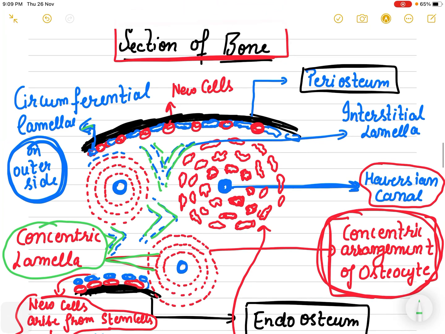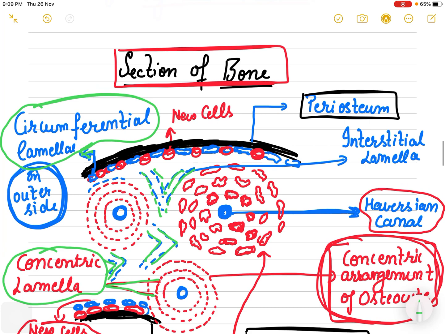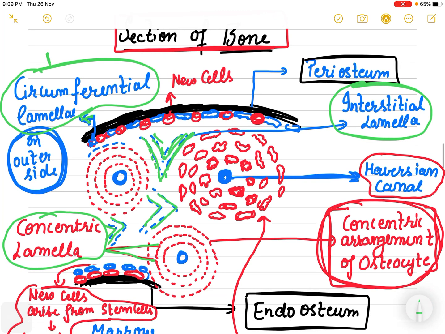One lamella which is present on the surface is called circumferential lamella. One that is present in between, on the inner side, is called interstitial lamella. So there are three types of lamella: circumferential, interstitial, and concentric lamella.